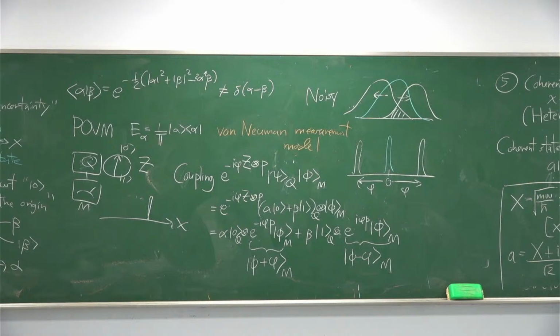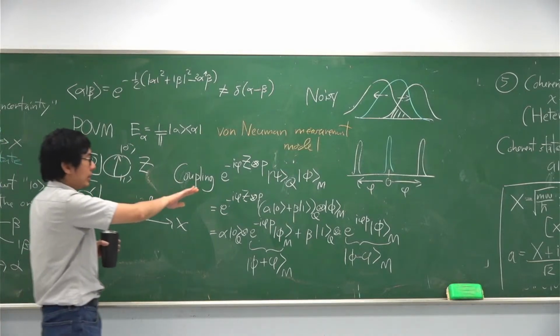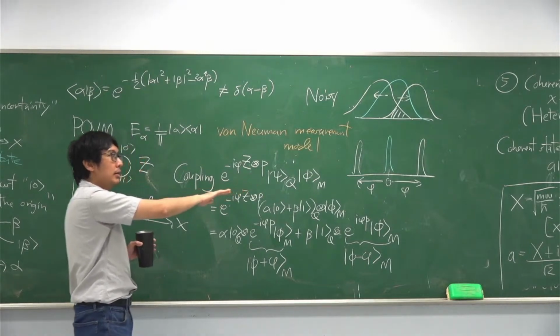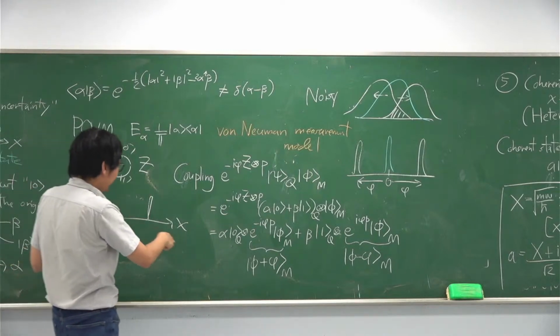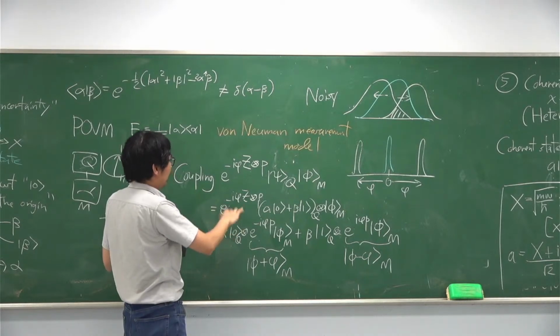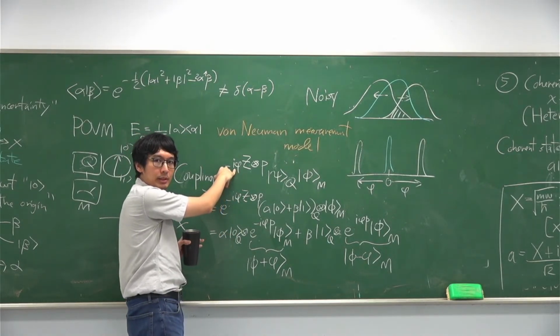Of course, everything that we have said before, we don't think about the time to make a measurement, the duration of making a measurement. We are just given a POVM projector, and boom, the measurement happens. Here, maybe you can have a time parameter.